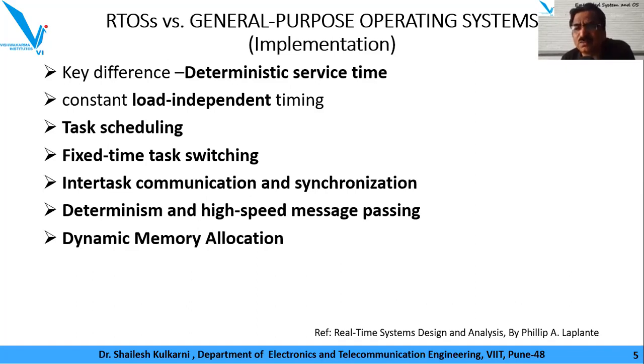I think these are the characteristics of service time of an RTOS that by this time each one of us has really understood and remembered to a large extent, isn't it? Because this is really the key aspect of a real-time operating system. Okay, fine.